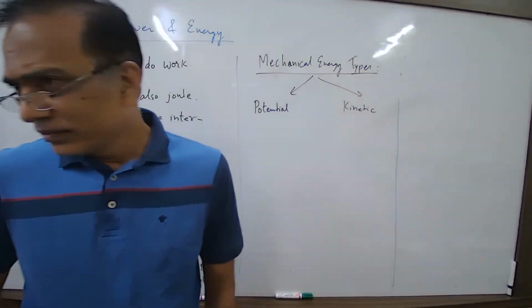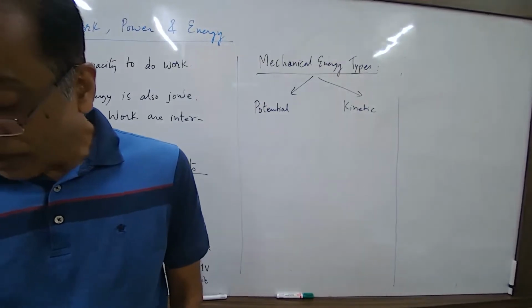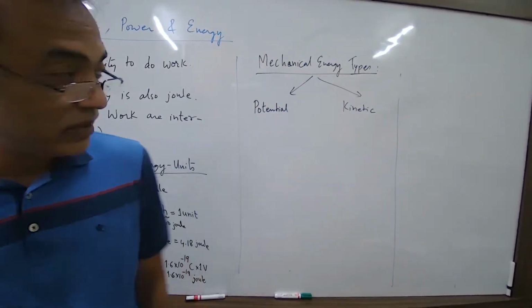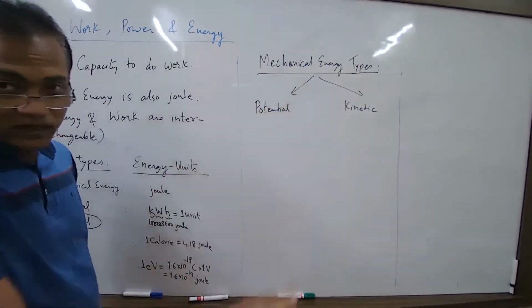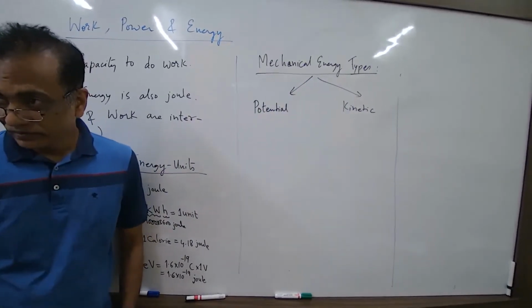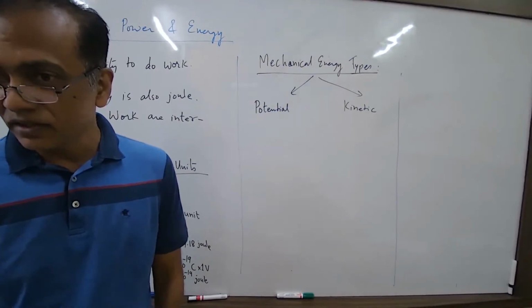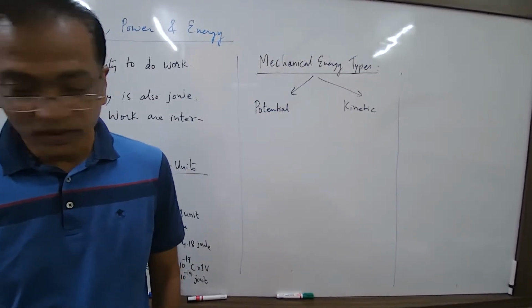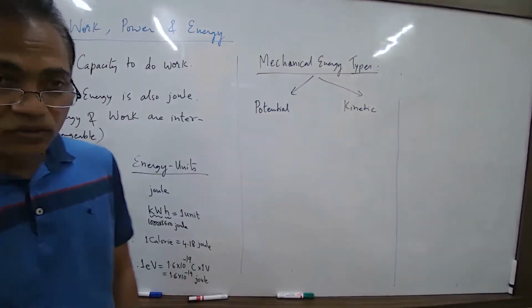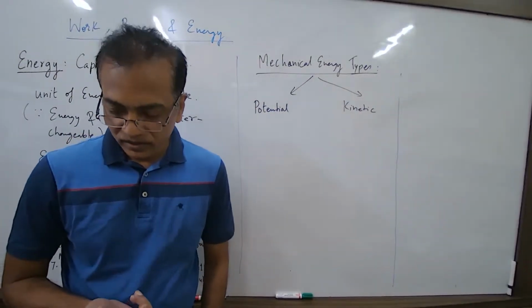If it moves, then it will have kinetic energy. But it is in rest position. We are discussing potential, so kinetic will not be here because it is not moving. But if this is your Earth surface, does it have energy right now? No. So at ground you don't have any potential energy.